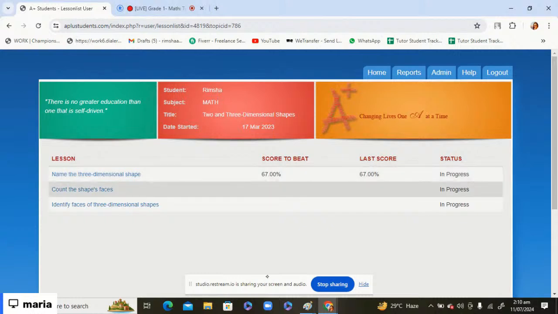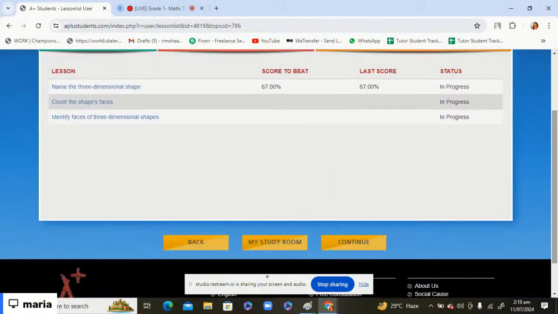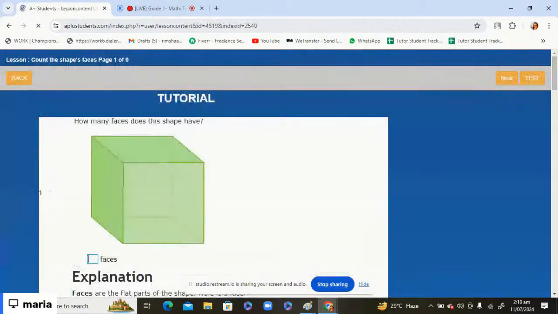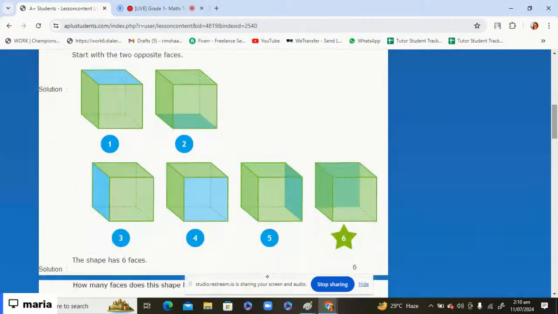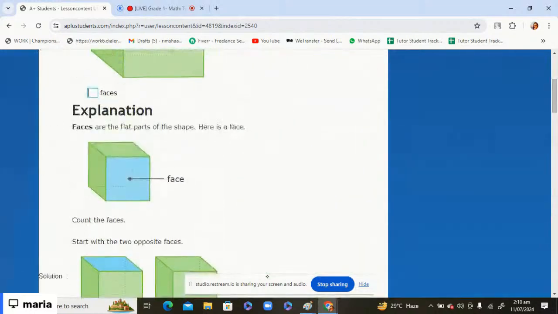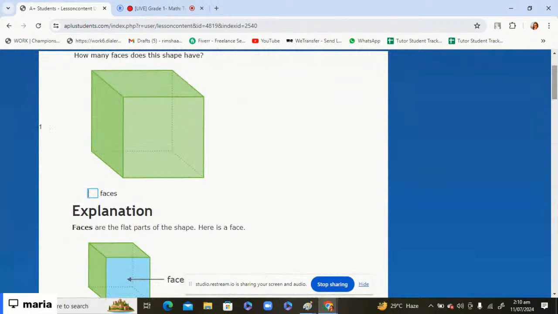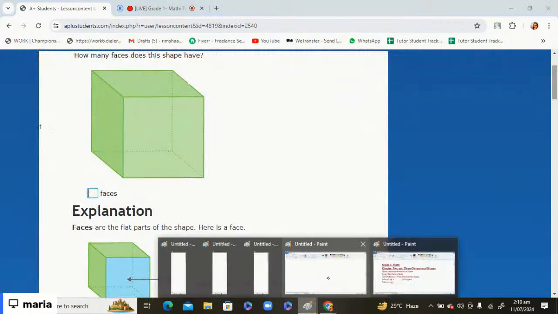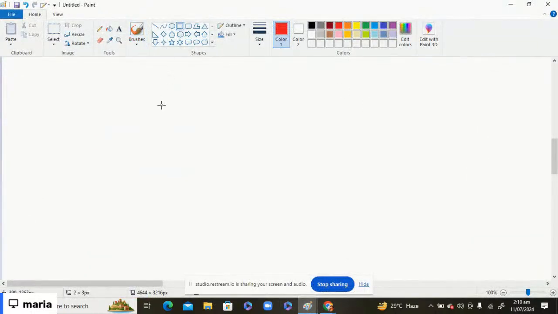So the next is count the shape faces. So now here we are just going to basically count their shape faces, like how many faces there are. Like for example, look at here this shape. When we have seen this shape, as we already drew it, like for example, let me draw it here.